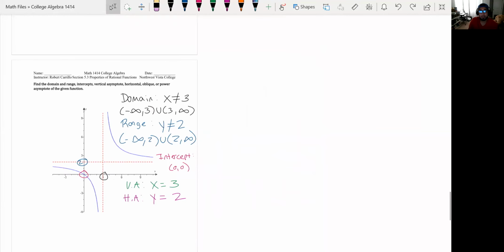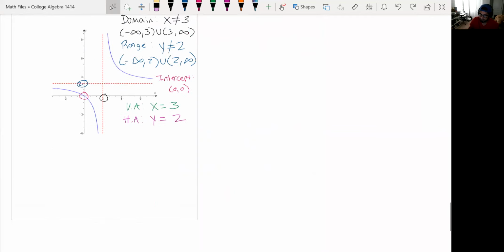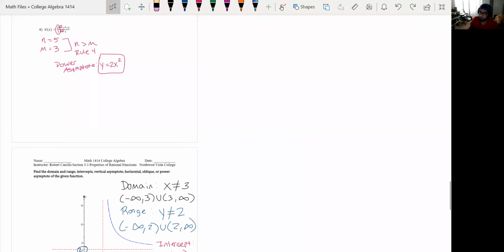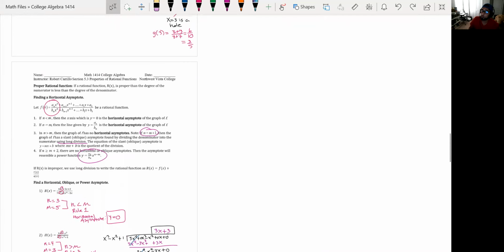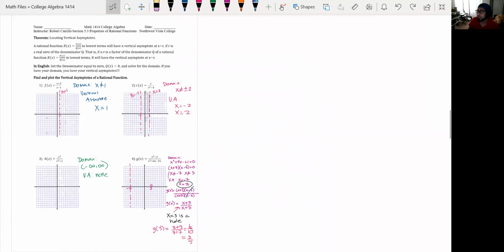That's it. That's done. These were the properties of rational functions. The biggest takeaway is know your rules for horizontal asymptotes. Know how to find a vertical asymptote. And then know how to recognize by canceling out, by simplifying a rational function, whether or not your vertical asymptote becomes a hole in the graph.